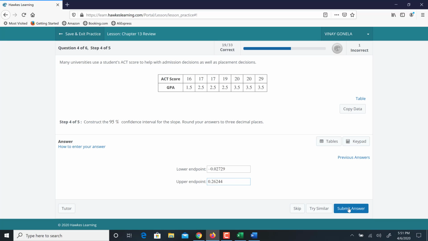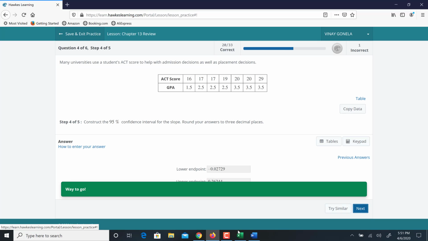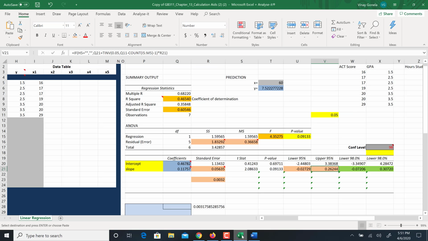So that's another way. We will check with the p-value also. You see this value 0.09 you have here, this is greater than 0.05. That means this model is not good enough to make any predictions. That's the conclusion you can make. Again, this value 0.0913 is greater than 0.05. So this should always be less than 0.05.